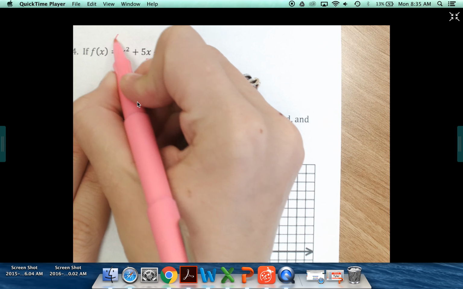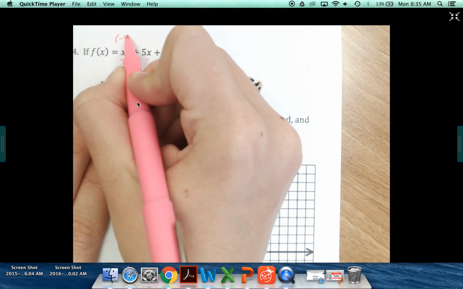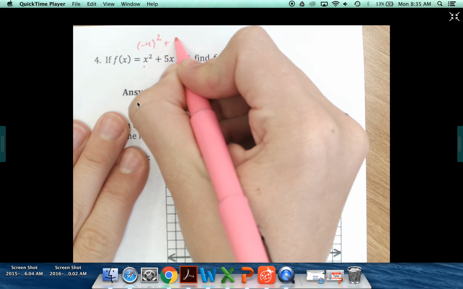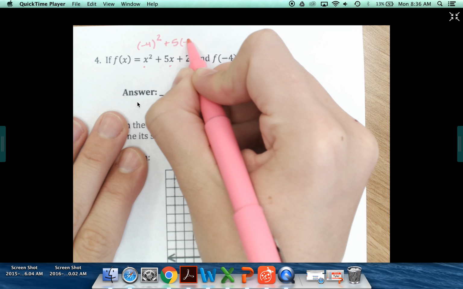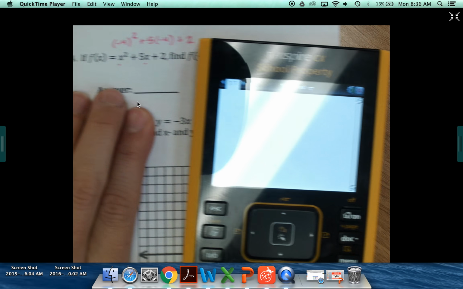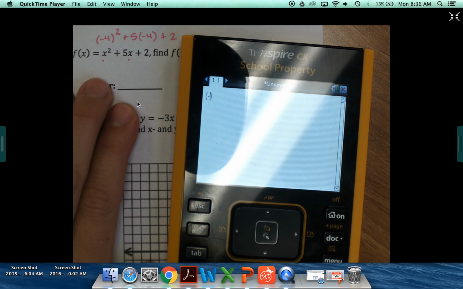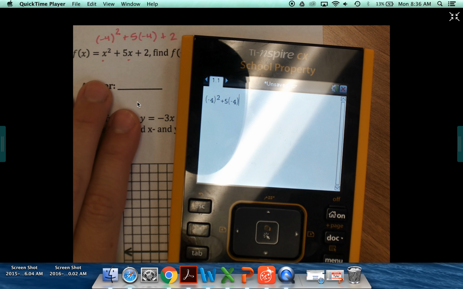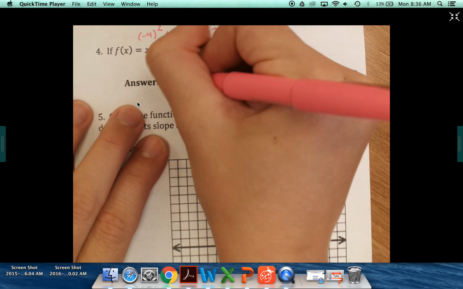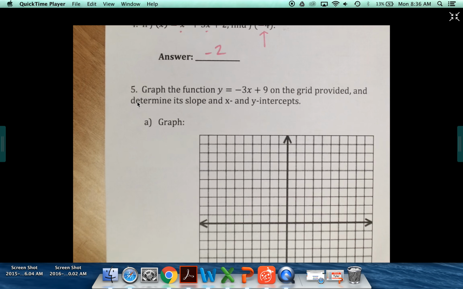So x squared, we'll have -4 in parentheses squared plus 5 in parentheses -4 plus 2. I can plug that into my calculator: -4 squared plus 5 times -4 plus 2. My answer is -2. So number 4 was -2.